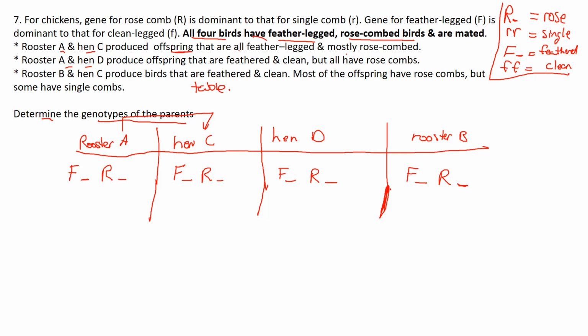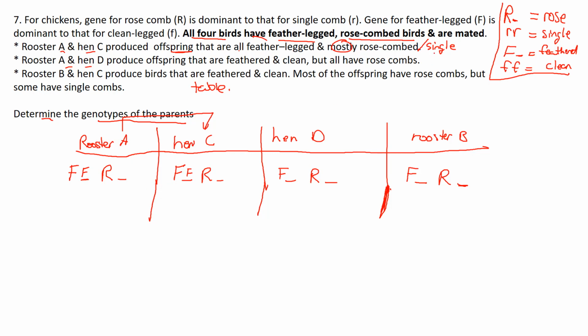And most, but not all, are rows. When it says most are rows, that means we have to assume that some were single. Otherwise it'd say all are rows. But they didn't, they said most, so they did have some single. Now all of them were feathered. So if they're all feathered, again, you got to do this with a pencil, we're going to assume at this point that they're all capital S, because every time they made it, all their offspring had feathered.